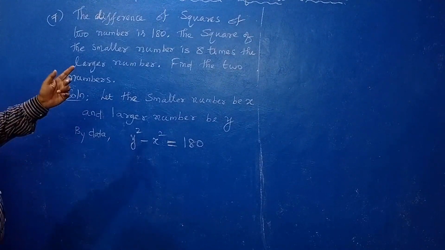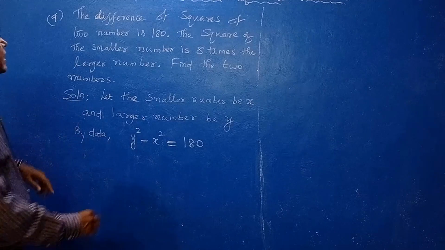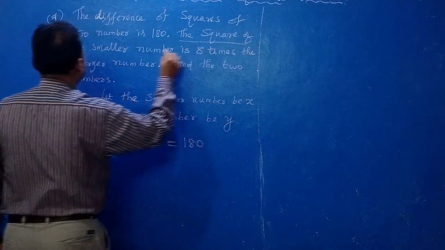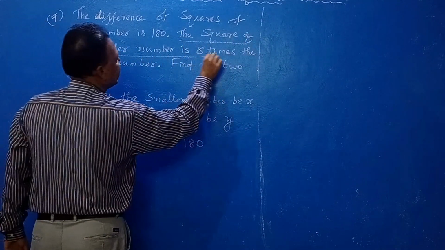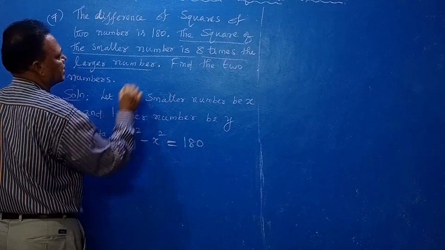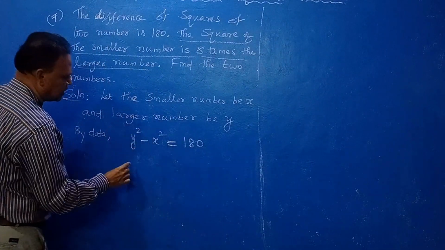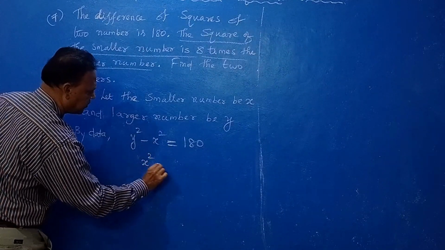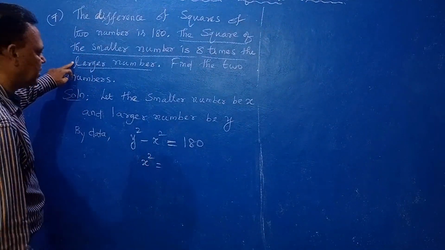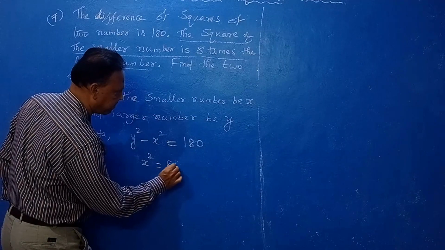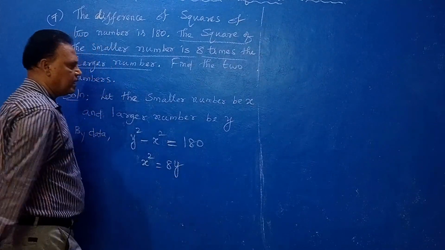One more condition is also given: the square of the smaller number is 8 times the larger number. The square of the smaller number means x squared is equal to 8 times the larger number, 8y.